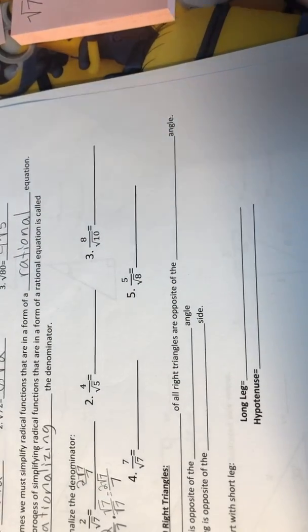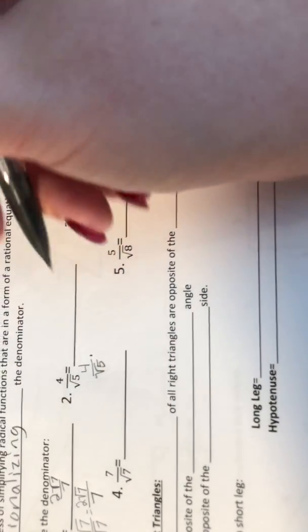So our answer is 2 times the square root of 7 over 7. We're going to use the same concept for all of these. So for number 2, we have 4 over the square root of 5. We want to get rid of the square root over that 5, so we're going to multiply by the square root of 5 over the square root of 5.